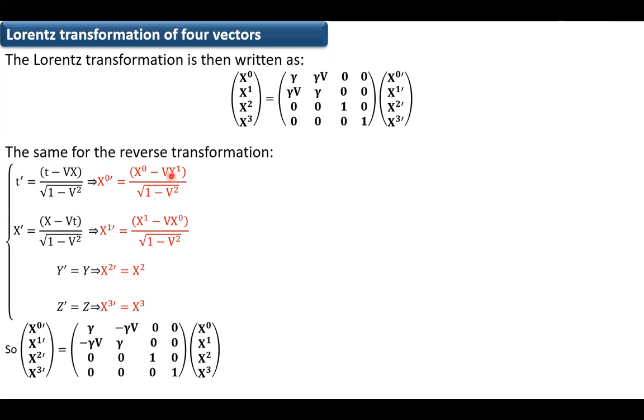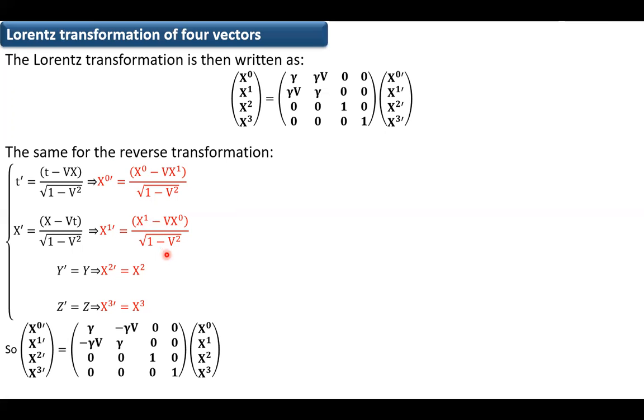The same for the reverse transformation. When you have t prime equal to t minus vx over the radical, it's the same as x0 prime instead of t prime, which is equal to x0 instead of t, minus v x1 instead of x. And x prime is equal to x minus vt over the radical, so it's now x1 prime, which is equal to x1 minus v x0 over the radical.